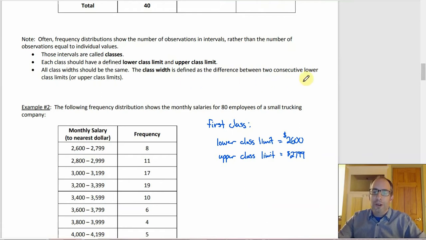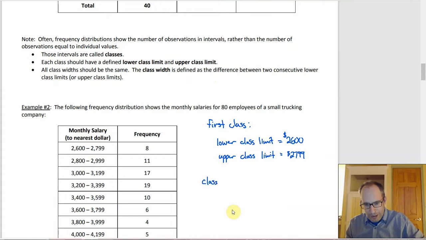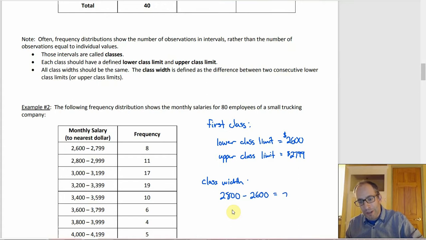So the class width is generally defined as the difference between two consecutive lower class limits, but you could certainly use upper class limits instead. You get the exact same thing. So for the class width, if I just use the first two classes and those two lower class limits, it's 2800 minus 2600, which is 200, and you get 200 if you picked any two of them.